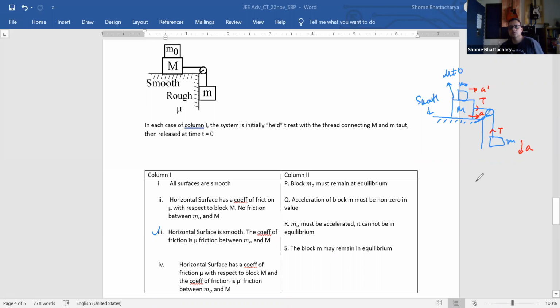Okay. So A prime might be equal to A if there is sufficient friction to prevent slipping, or A prime might be less than A, but both will be non-zero if slipping occurs.